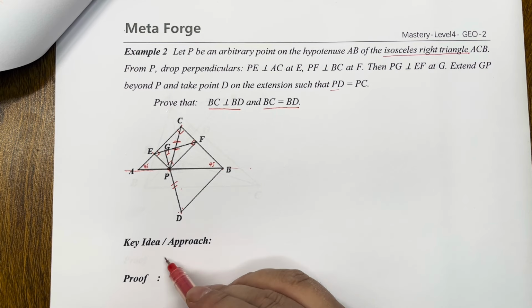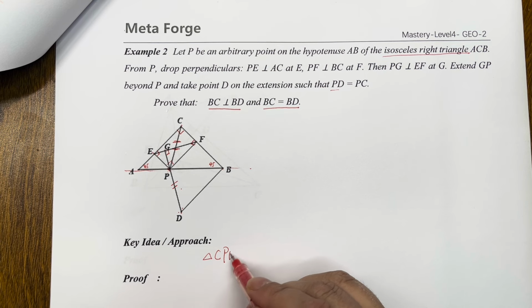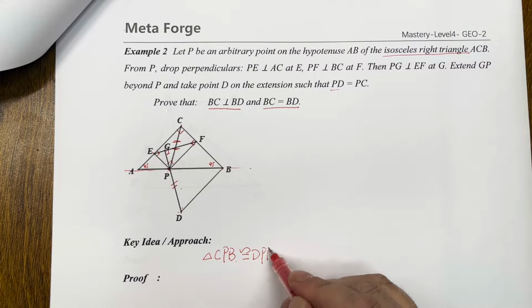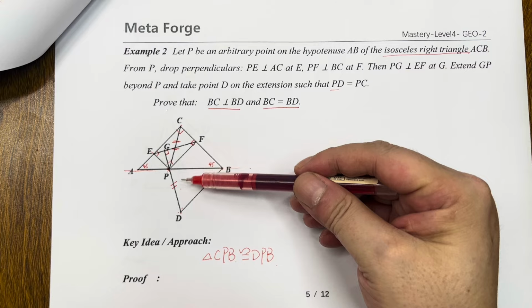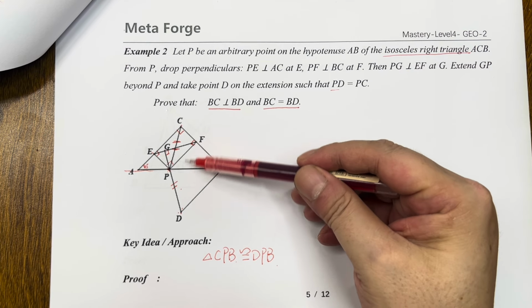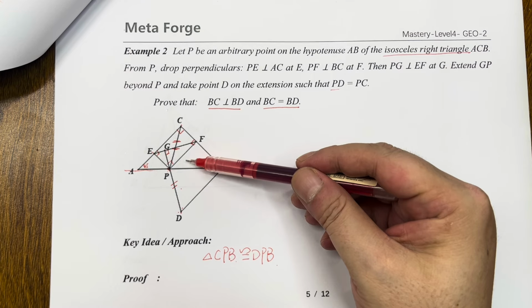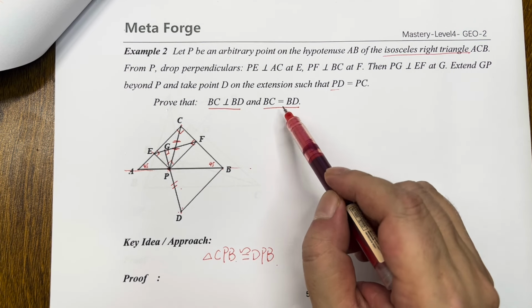If we can prove triangle CPB congruent to DPB, if these two triangles are congruent, CB equals DB.